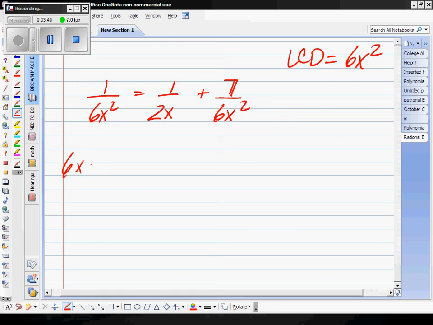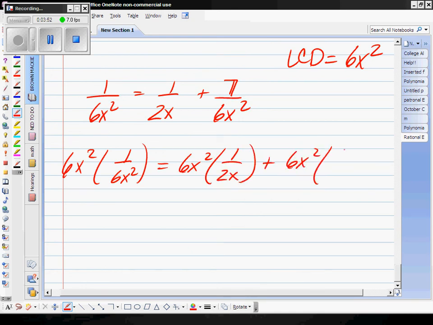So this would be 6x squared times 1 over 6x squared equals to 6x squared times 1 over 2x plus 6x squared times 7 over 6x squared. Now, going back, putting all of these 6x squareds over 1, we see what we can cross cancel out.